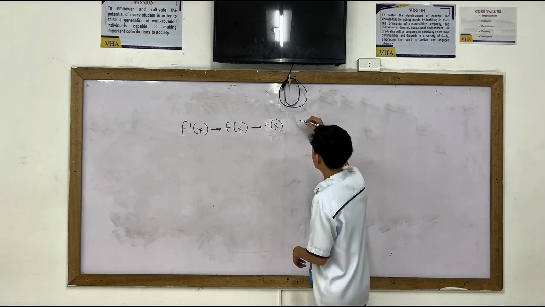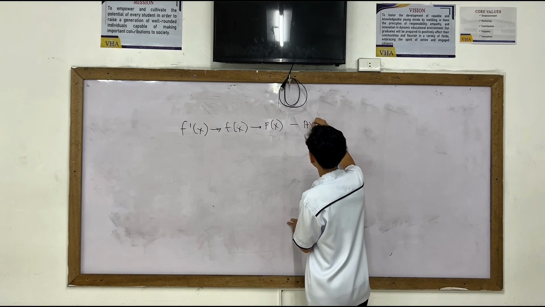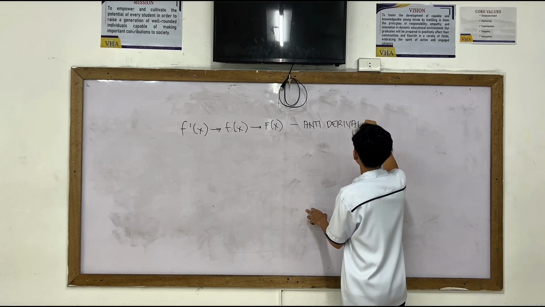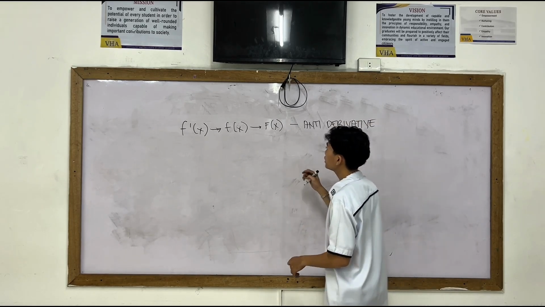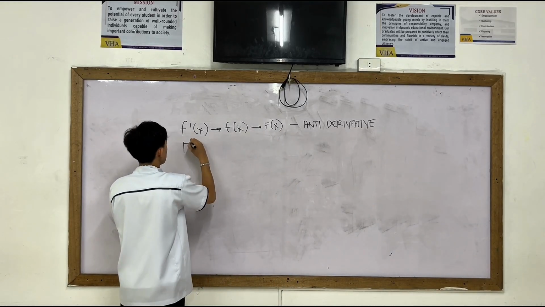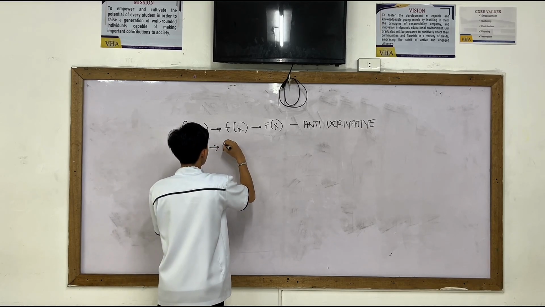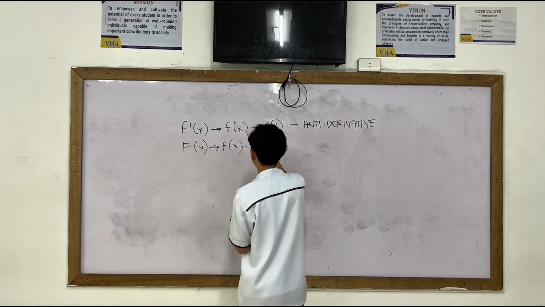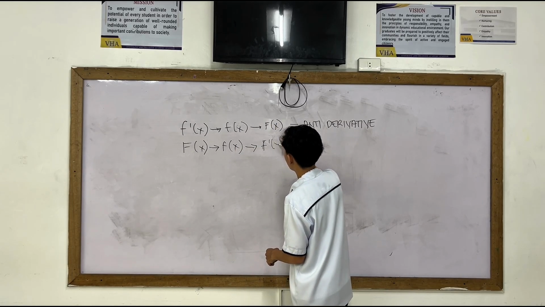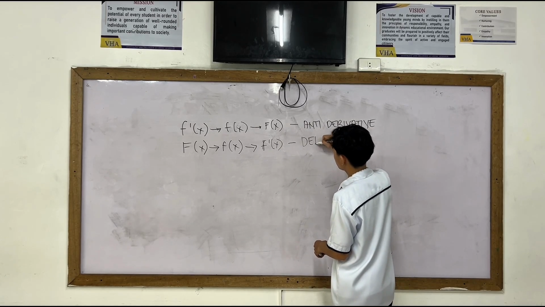This process is called antiderivatives. Going backwards, let's say we have capital F of x, then going to f of x, and then going to f prime of x. This is called the derivatives.